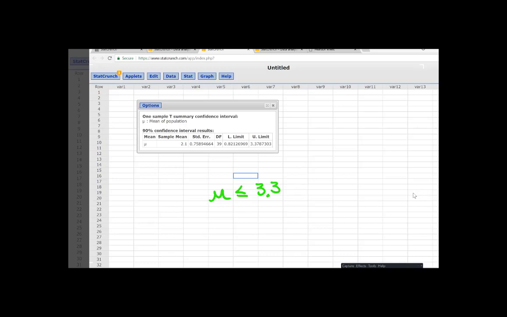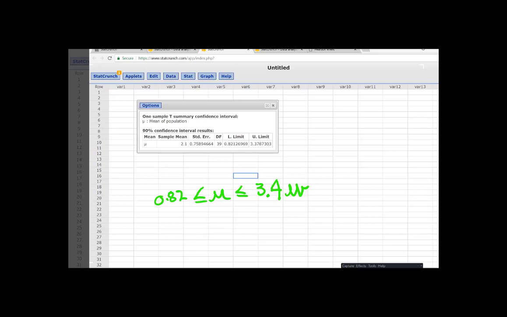Now it did tenths, so 3.4 is what I should write at the top to the nearest tenth. And okay, so that's what I get with technology.